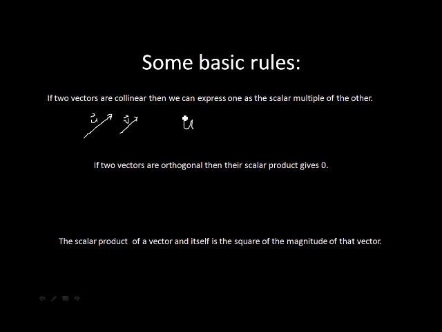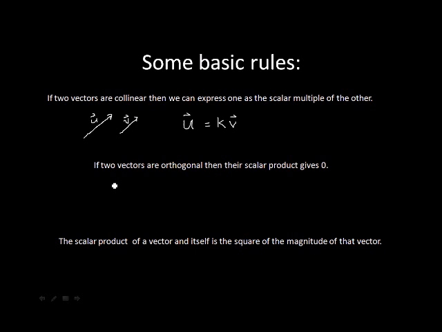For example, u here is k times bigger than v. K is a scalar that we're multiplying to vector v, which will scale up this vector and give us vector u. So when two vectors are collinear, such as this, we can express the first one as a multiple of the second.